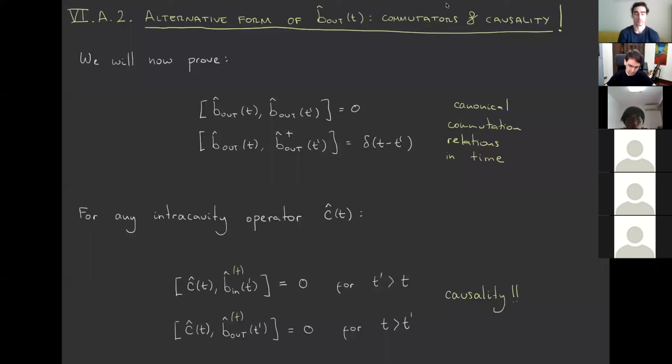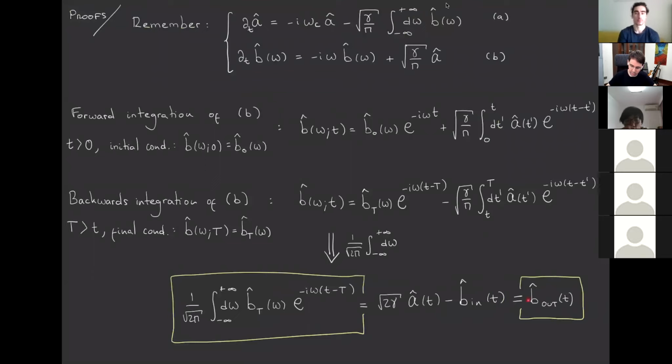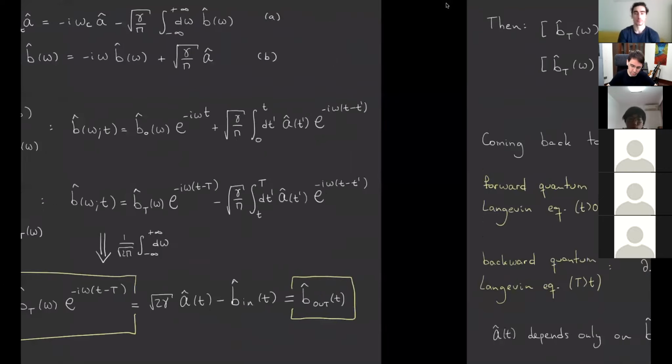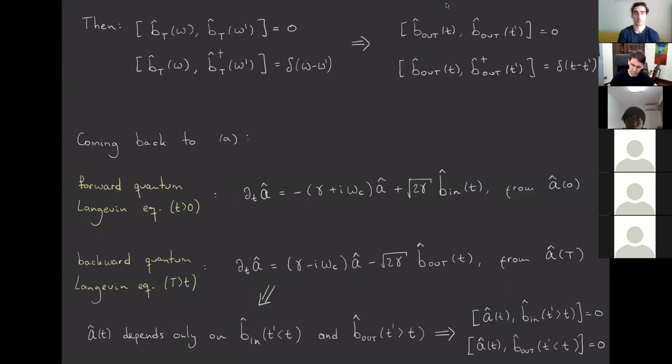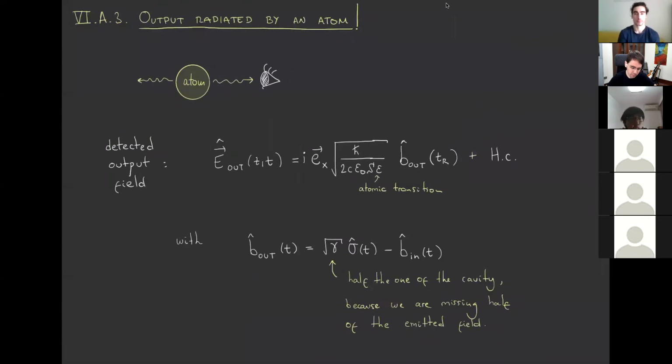A similar thing happens with the output operator: it depends only on cavity operators that are either in the present or in the past, but not in the future. We managed to prove this by giving an alternative expression for the output operator, but we will not use this expression anymore. It was just to let you see the proofs.